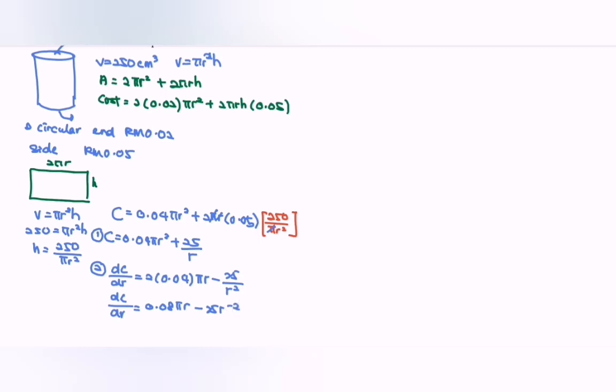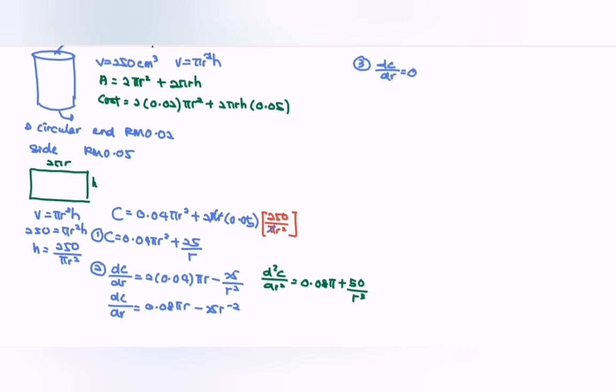Next, find the second derivative as well. So we have the second derivative equals to 0.08 pi, plus 50 over r cubed.